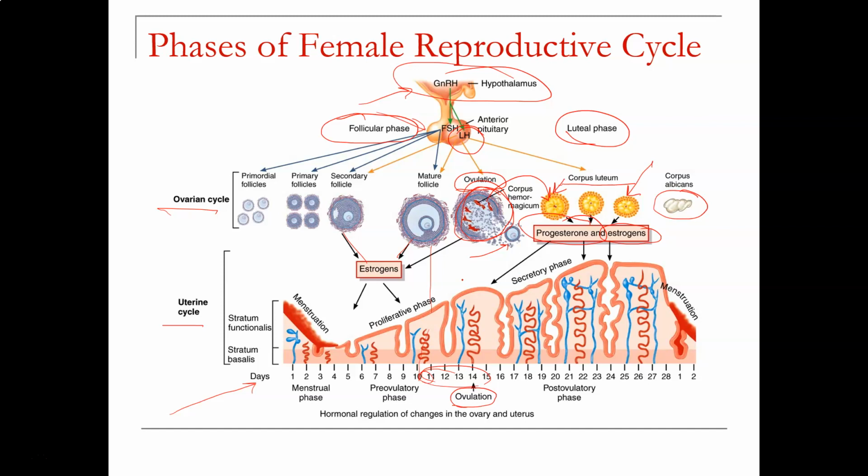So the hormones made in the ovary are what bring about the changes that you see in the endometrium of the uterus. So let's look at the uterus now down here. This picture of the uterus is only showing you the endometrium, not the myometrium, which would be down here, and the perimetrium out there.